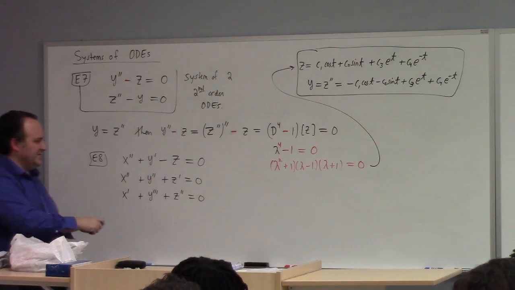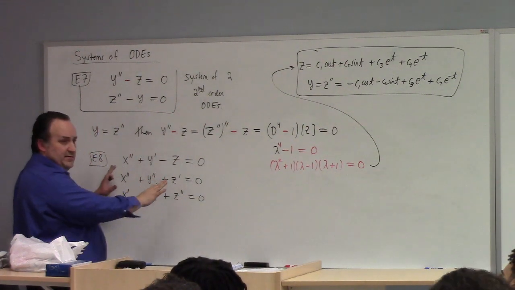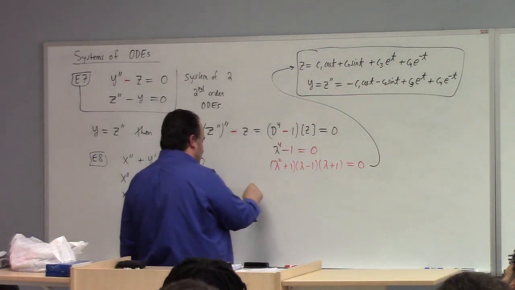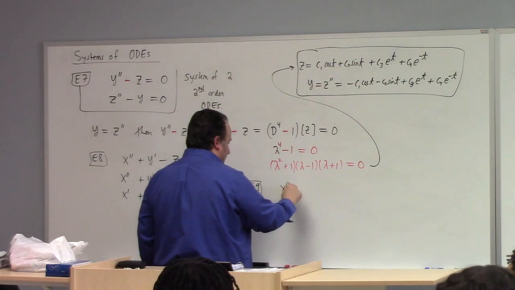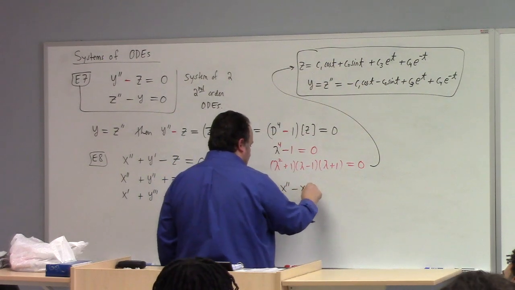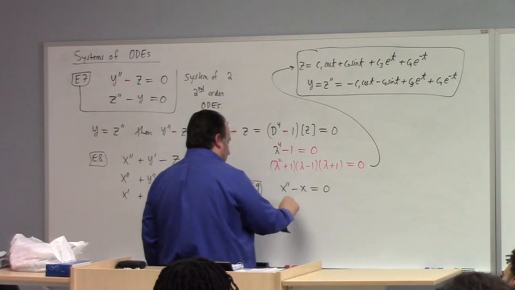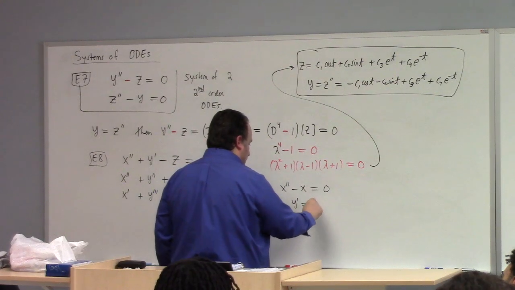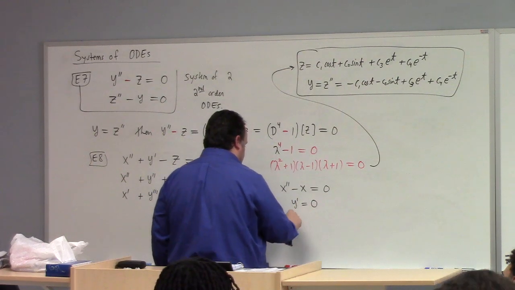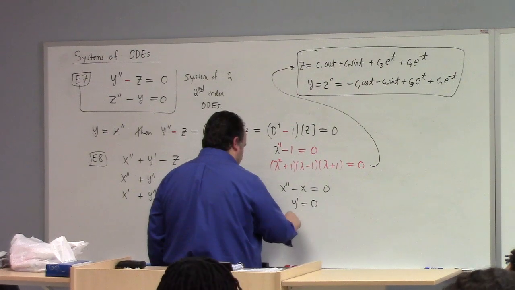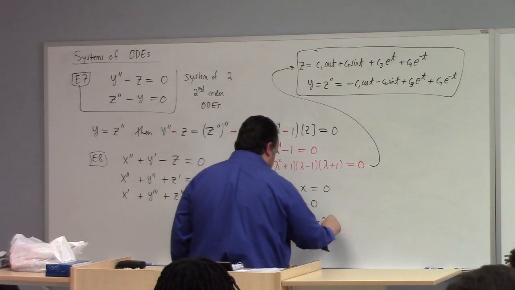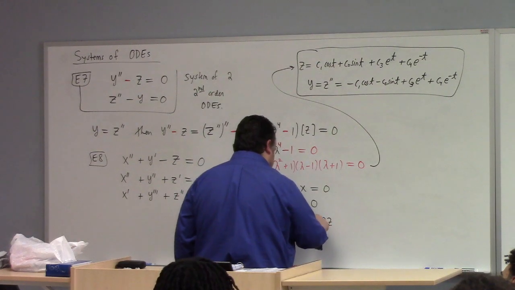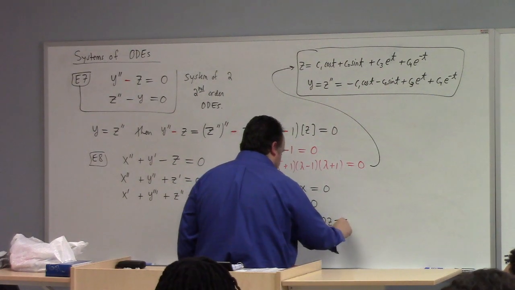This is just a hard problem. This one is easy. If I had, say, x prime prime minus x equals 0, and y prime equals 0, and z prime prime plus 3z prime plus 2z equals 0.